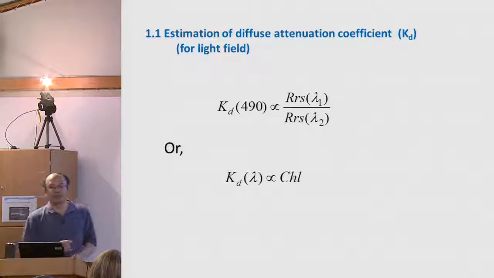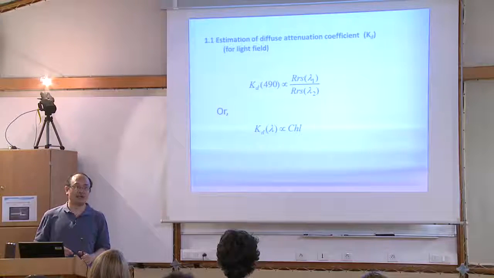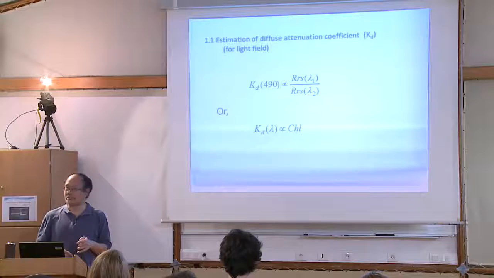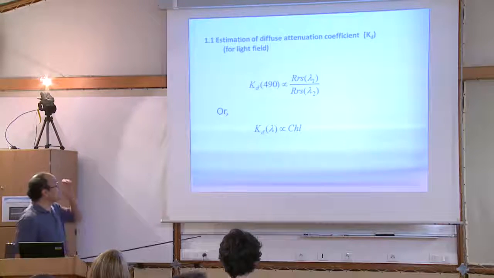The first application: if you check the MODIS standard product, it has a diffuse attenuation coefficient at 490. That's a heritage product started from CZCS, with really about 3 or 4 decades of history. How is that estimated?